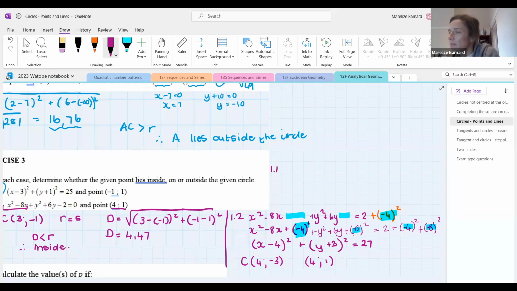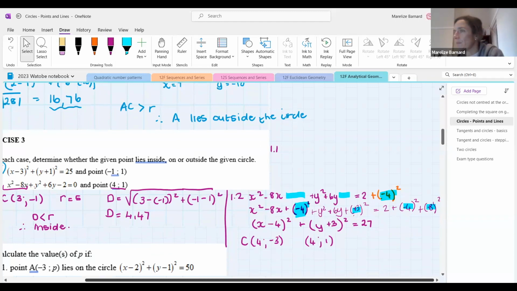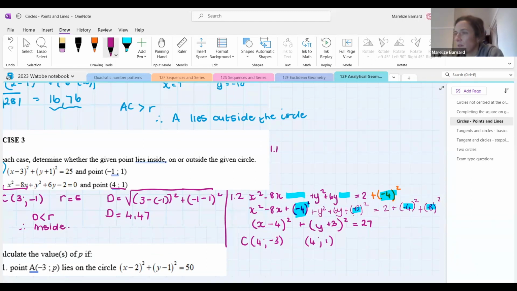So that's why we say -8, and then that's what you divide by 2 to get the -4 that I've highlighted here in blue and square, added on both sides. And you do the same for the y's. 6 divided by 2 is 3 squared. Add on both sides, and now we've completed the square, and we can tell what the center of the circle is.